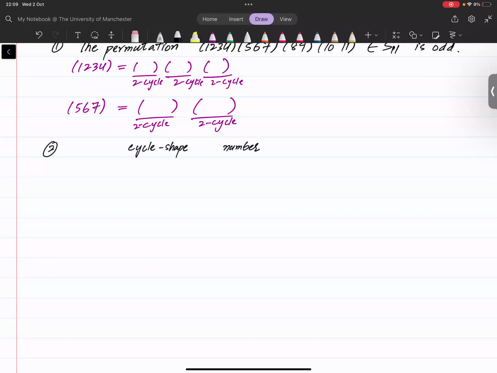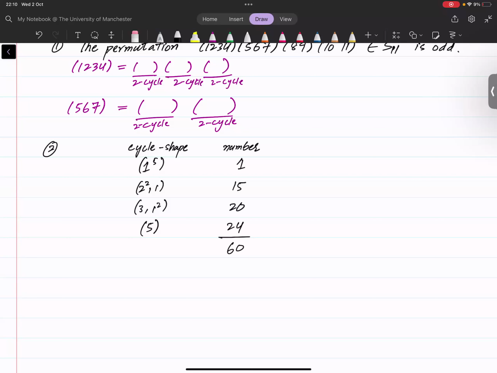The permutations in S5 that are even are precisely those that have cycle shape 1 power 5, 2 squared 1, 3 1 squared, and 5. The number of these is 1, and there are 15 of this type, 20 of this type, and 24 of this type, and this adds up to 60.